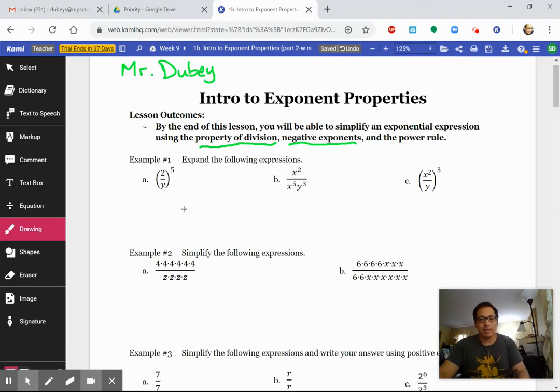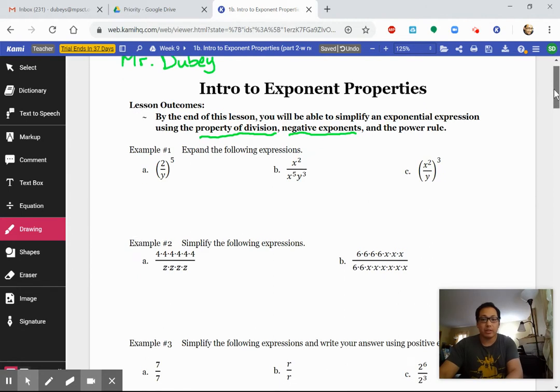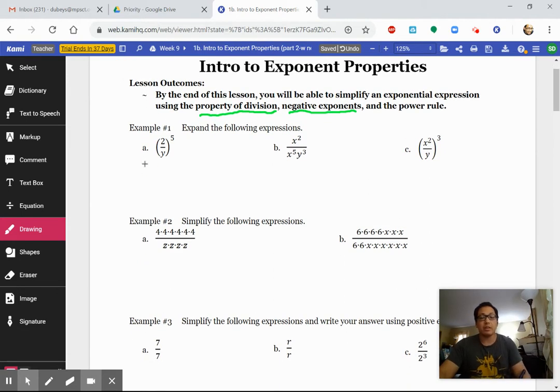Okay, so first thing here, expand the following expressions. We're just talking about using the definition of an exponent. What is 2 divided by y, raised to the power of 5? Remember, the power of 5 means we're multiplying whatever's inside these parentheses by itself that many times.